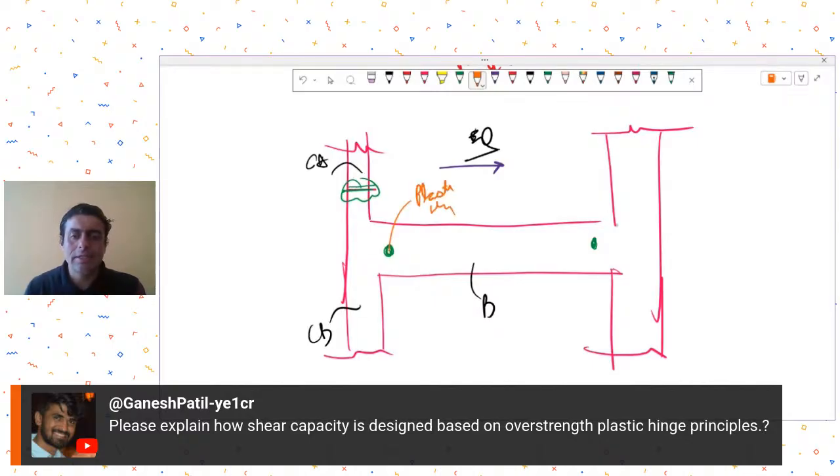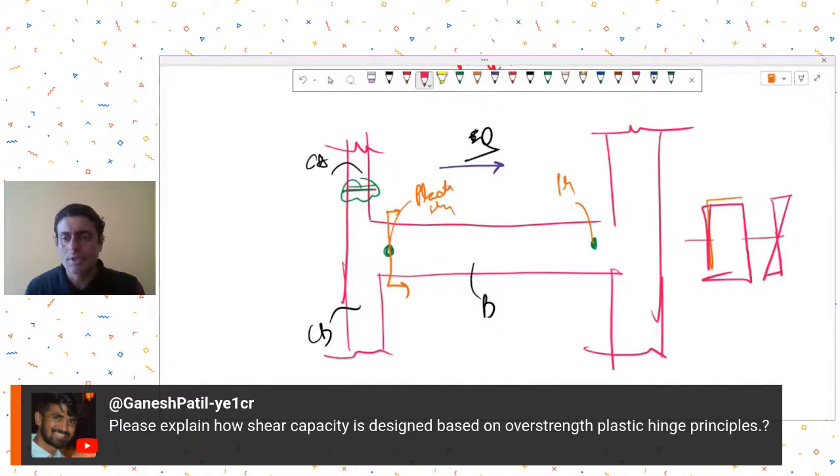Now, plastic hinge means that all the fibers in this section, if I were to look at this cross section of the beam, all the fibers of this cross section have gone beyond their yield level, and let's say the stress strain distribution, instead of like this, has become something like this, where all the fibers have reached a stress level more than Fy.